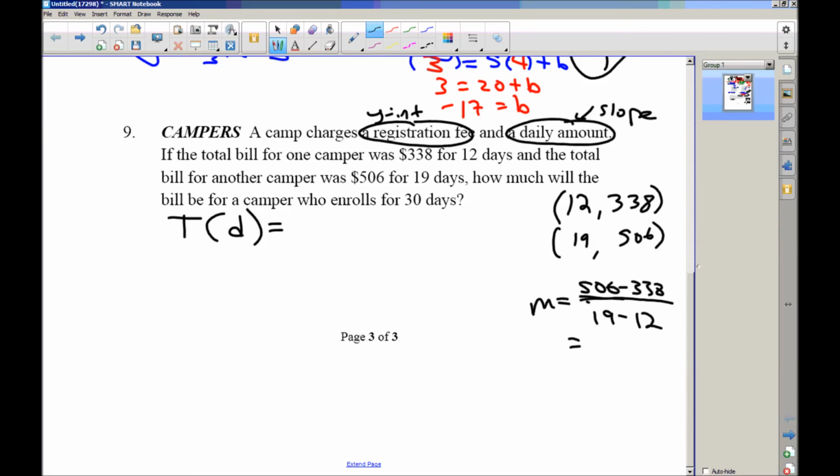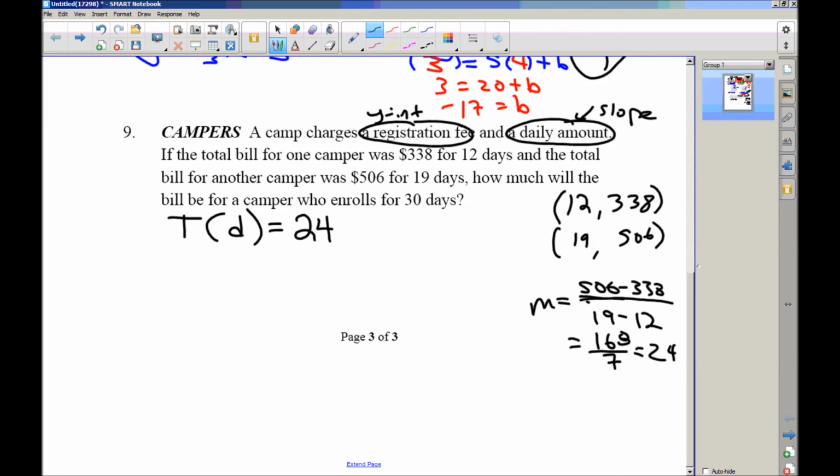So 506 minus 338, I'm going to get my calculator here, is 168. 19 minus 12 is 7. So then I divide it by 7 and I get 24. So the daily amount is 24.